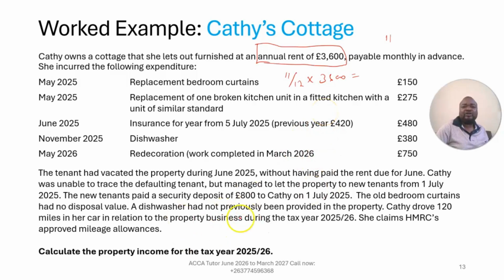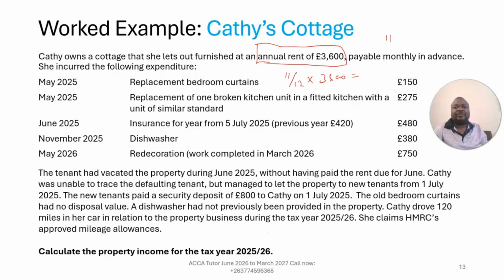All right, nobody is going to tell you that. When we are using the cash basis, as long as the amount is paid within the tax year, you just have to worry about whether there were certain months for which the rent was not received.